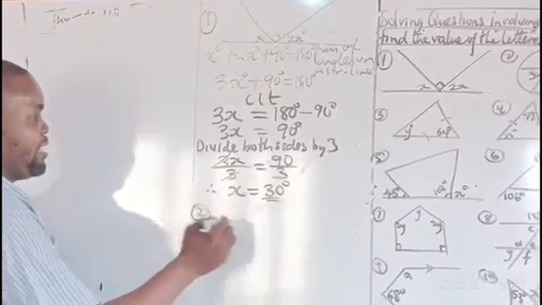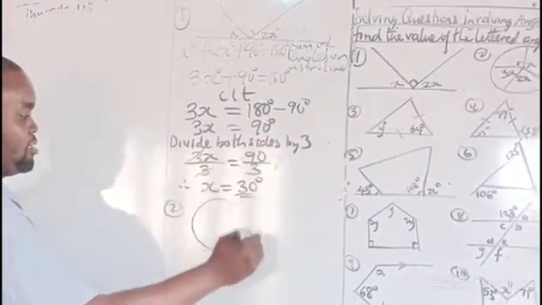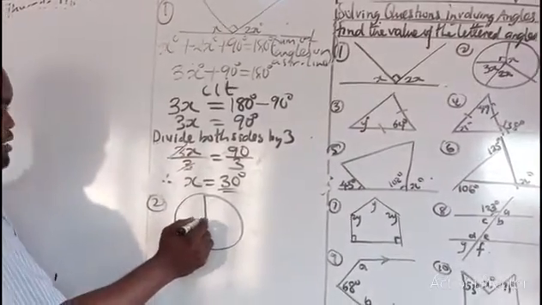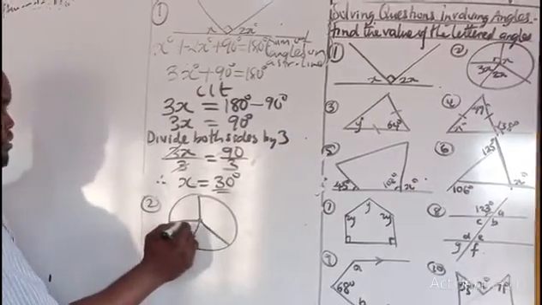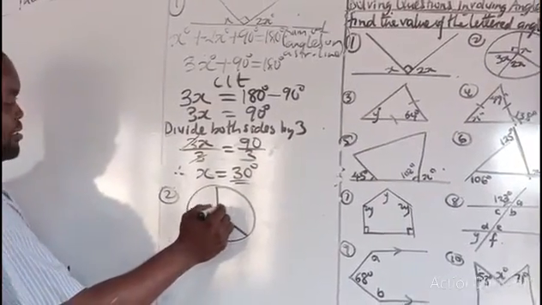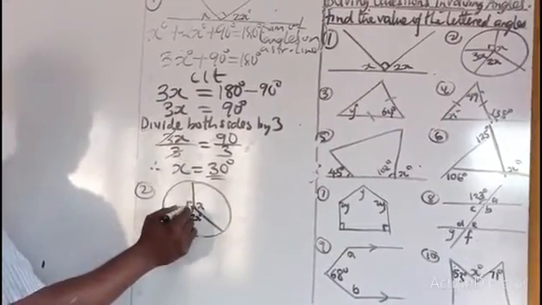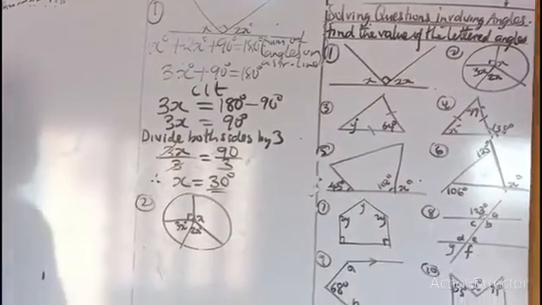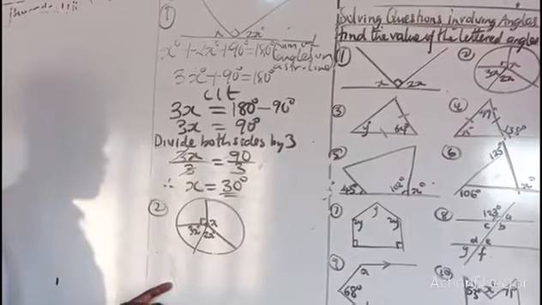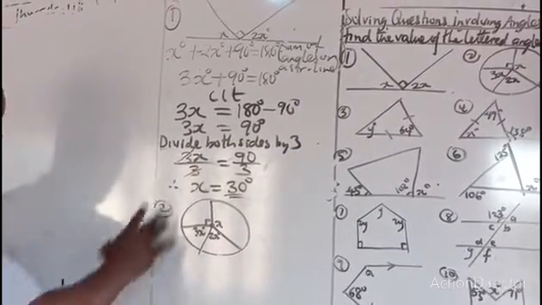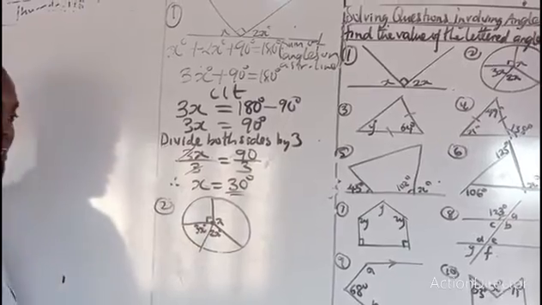Yes. Alright, let's look at the second question. Talking about this, and here we have 3x, 2x, and x. Now what do we have here? You see, we have a point. What are we going to use here? We'll be using the sum of angles at a point.